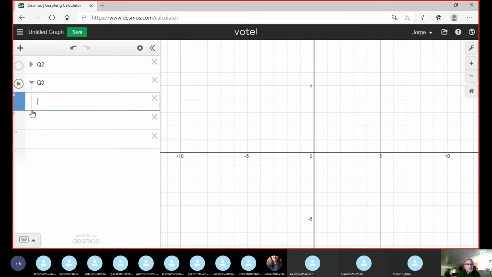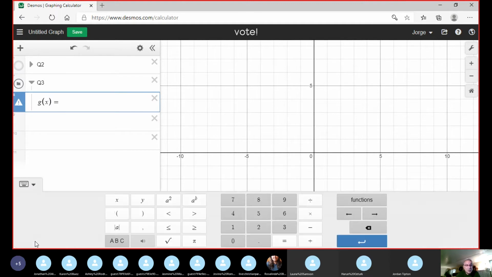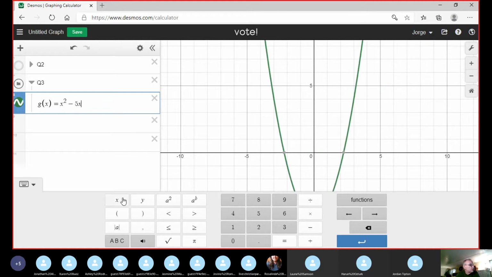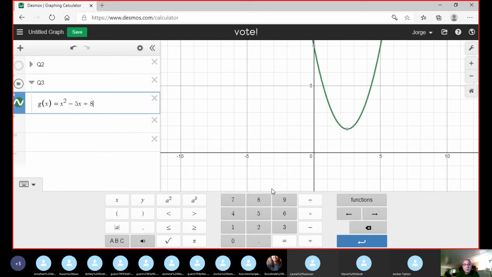Okay, in question 3, the function's name is g of x. And g of x is equal to x squared minus 5x plus 8. Boom. Look, and look at the vertex.